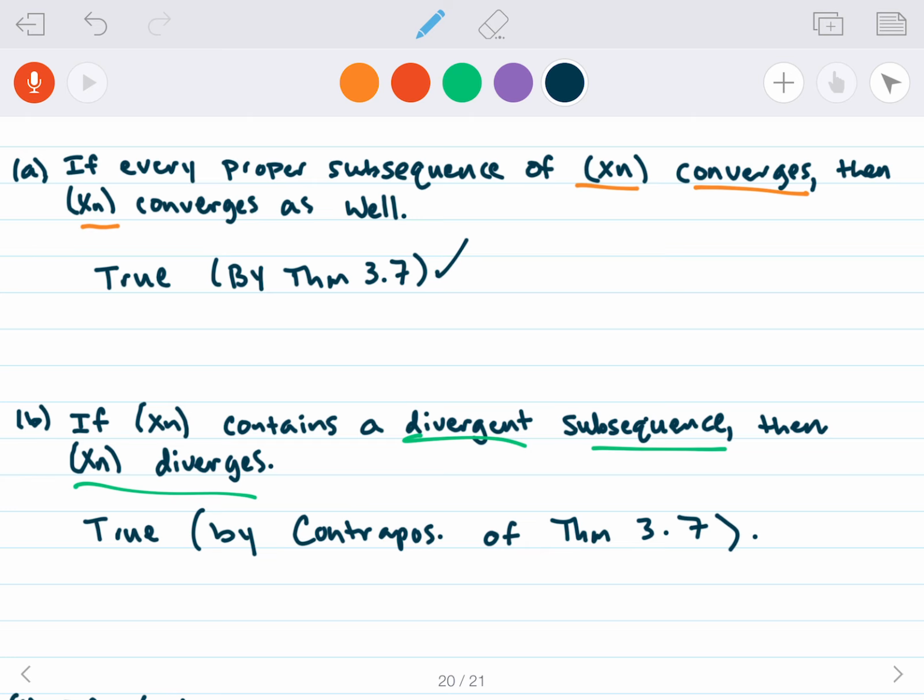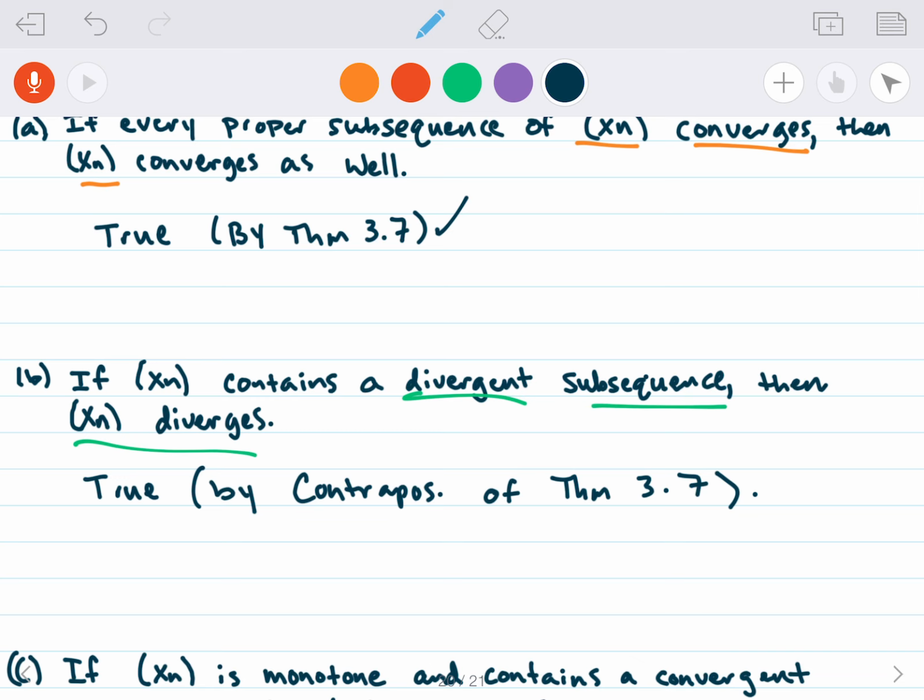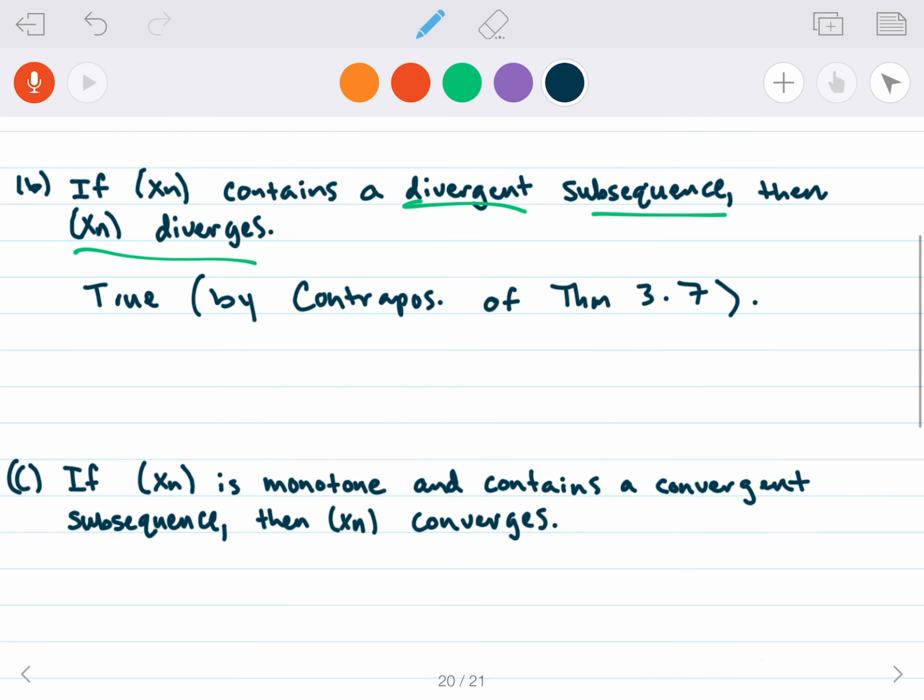Okay, so if it contains a divergent subsequence, then the original sequence has to diverge as well. Okay, and the final one we have here, if your sequence is monotone and contains a convergent subsequence, then it converges, and this is also true by Theorem 3.8.